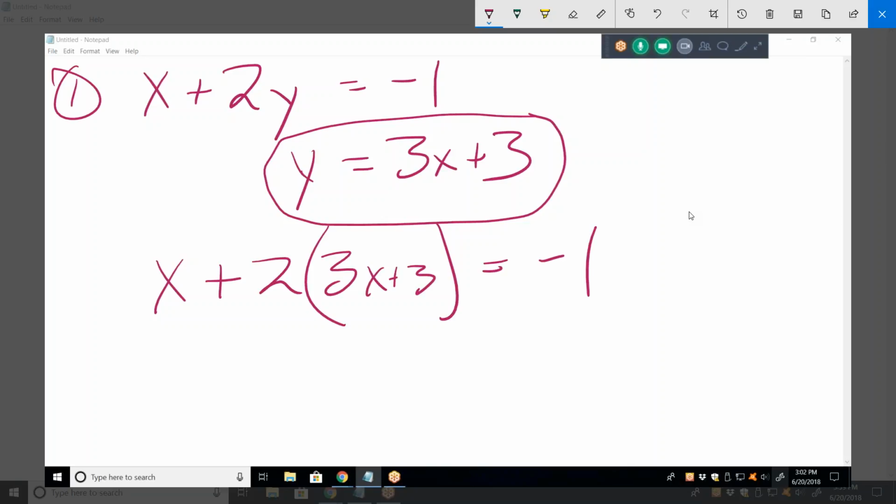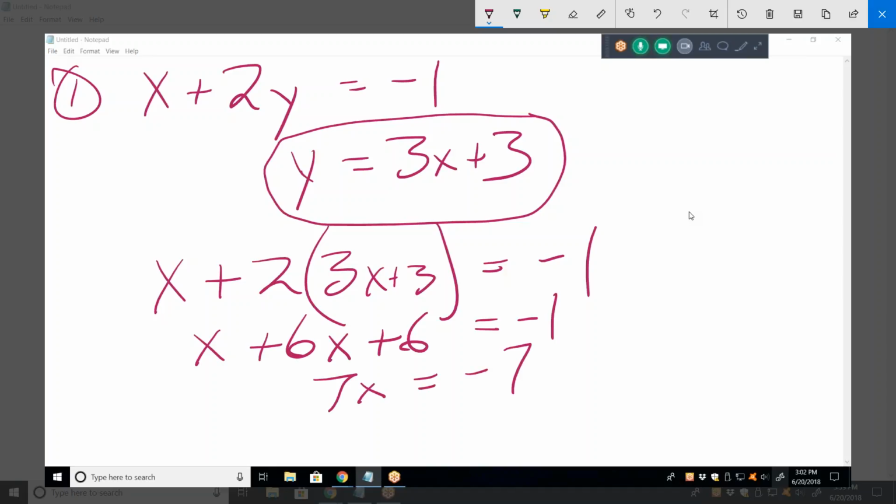Now it's a piece of cake. That becomes 6x plus 6 equals -1, which is 7x equals -7, x equals -1. And then go into that equation, put x equal -1, and you get an answer of y equals 0. Yep.